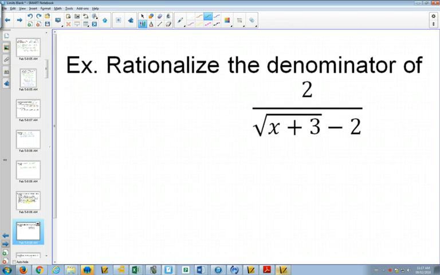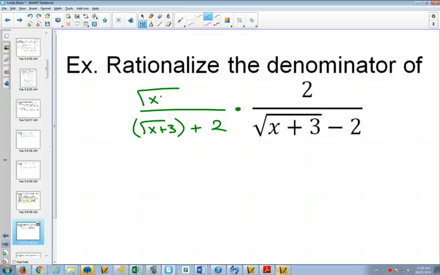So here's our first example. We've got square root of x plus 3 minus 2 on the bottom, and we want to rationalize that denominator. So we write the same thing, but the conjugate, because that will create a difference of squares on the bottom.